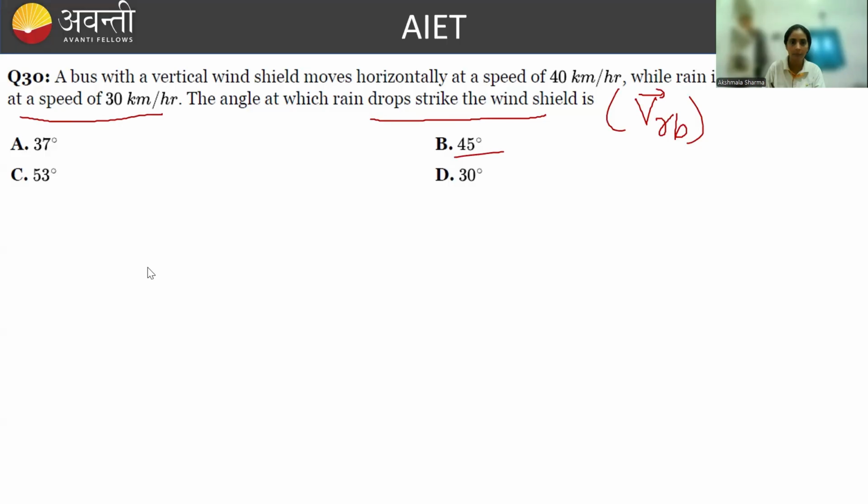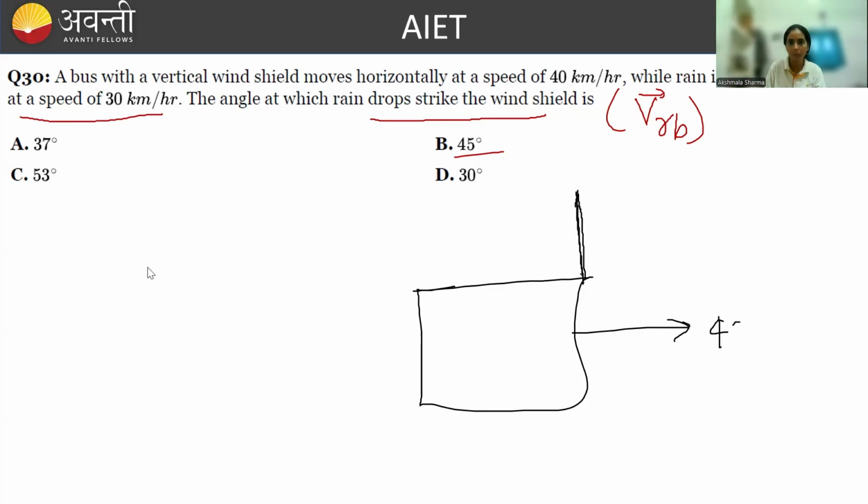So let's look at the diagram now. If this is a bus and this is its windshield, the windshield is vertical, it is given. So what is happening here? It is moving forward with a speed of 40 km per hour and rain is falling vertically down with respect to ground. So in which direction will it fall with respect to the bus? For that, we will do VR minus VB.